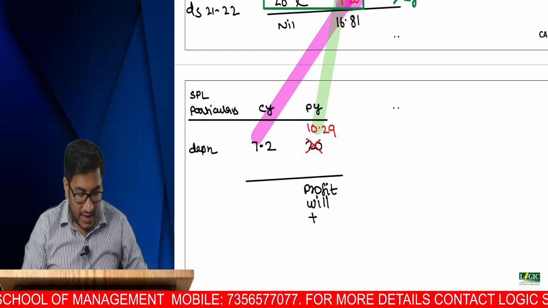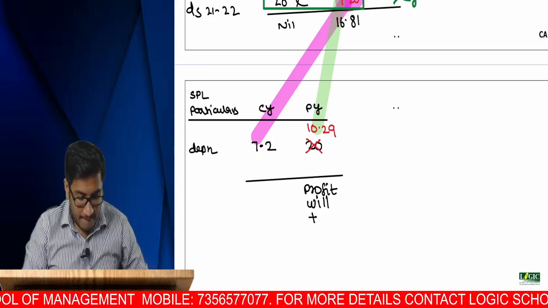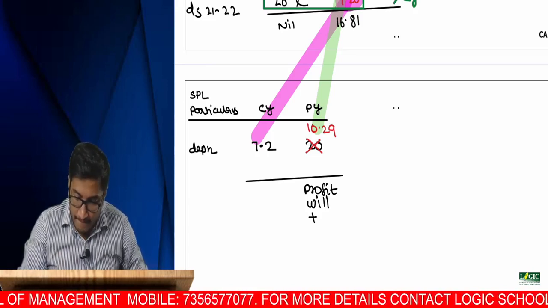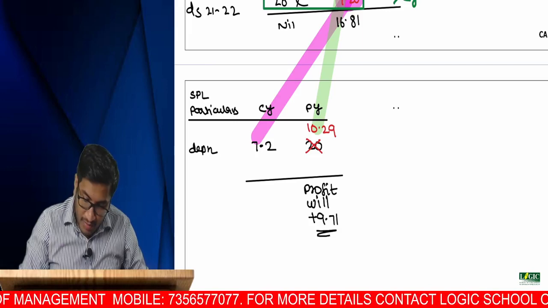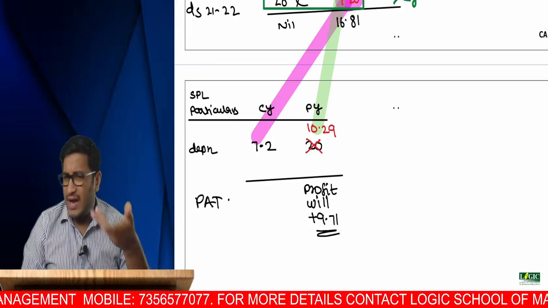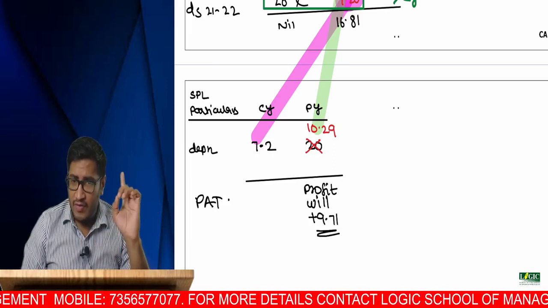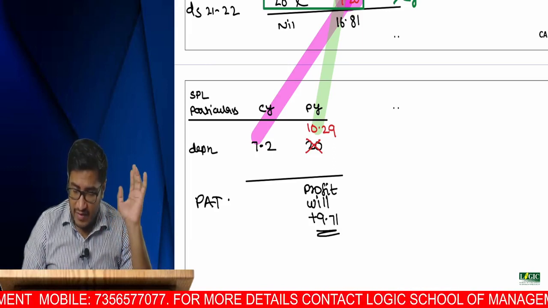Instead of 20, I've written 10. 9 point. My PAT is going to increase by 9.7. Current year, there is no impact. So it has been updated. So previous year profit will increase by 9.71.